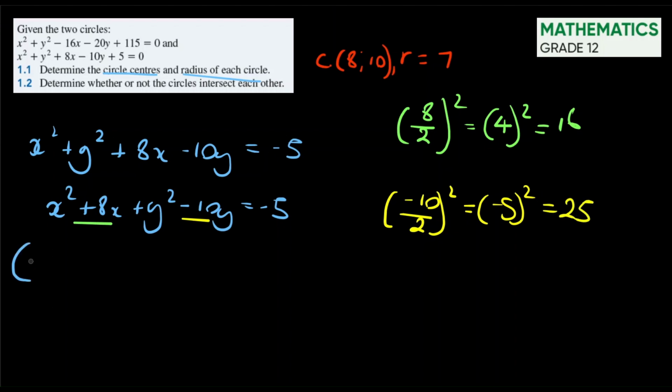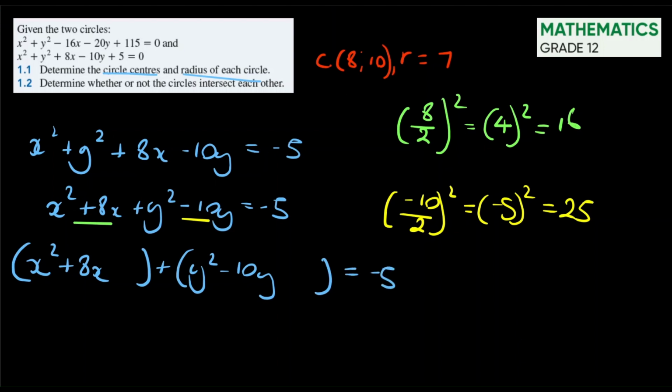Then the small act of opening up the bracket: x squared plus 8x, plus y squared minus 10y, is equal to 5. So we first work with the 16, we add the 16 here, add it on the right hand side as well, add the 25 as well here, and we add the 25 on the right hand side as well. Then we have trinomials.